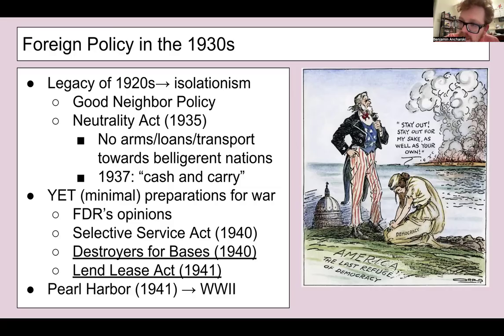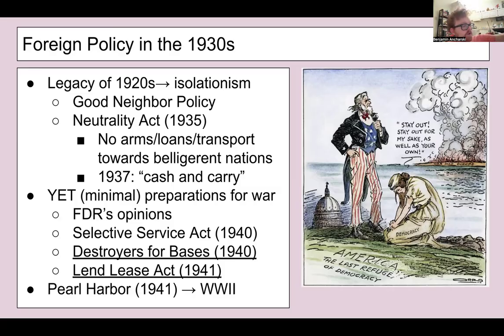We see economic and military assistance even to the Soviet Union as well. Basically, we're lending them our military supplies, and we don't really expect it to get back to us. That's the whole purpose right here. The bill that proposed it actually was bill number 1776, so a very democratic bill right there.